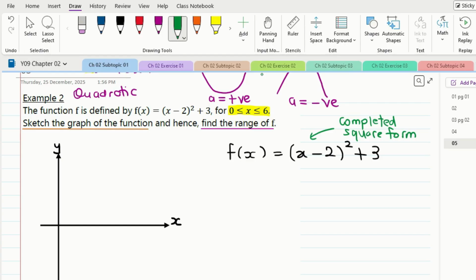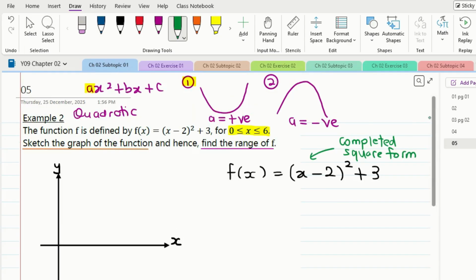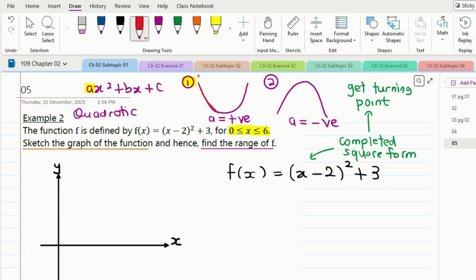Completed square form can be used to get what we call the turning point. At a certain point in the graph, like in example 1, the first graph, when you go down the graph, you will notice that there is a point, and afterwards you will turn the graph upwards.